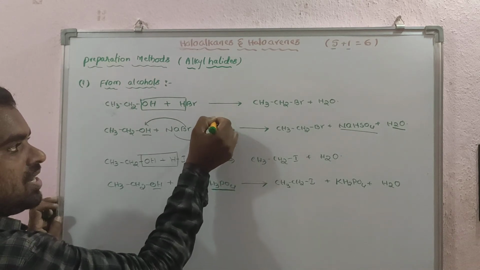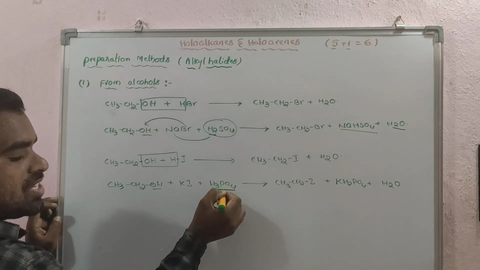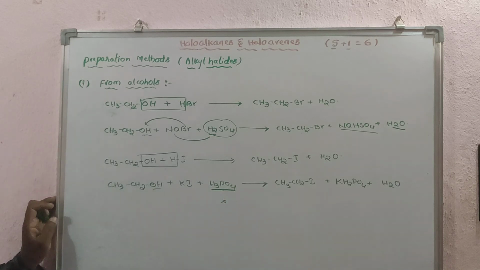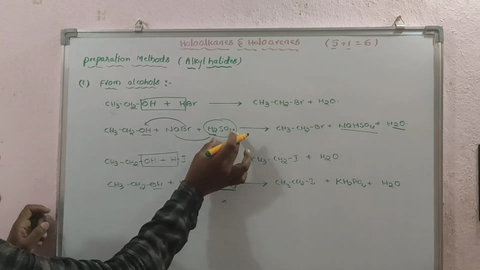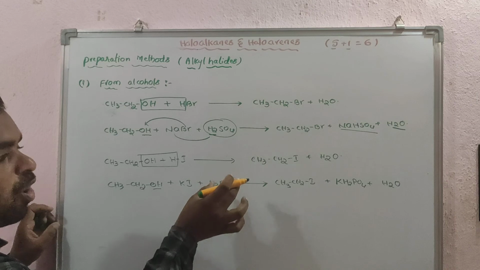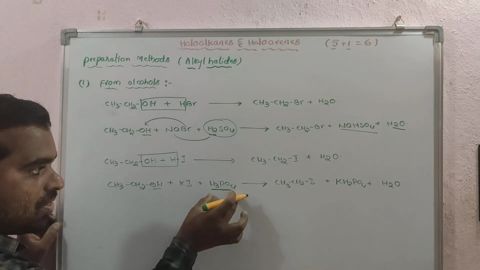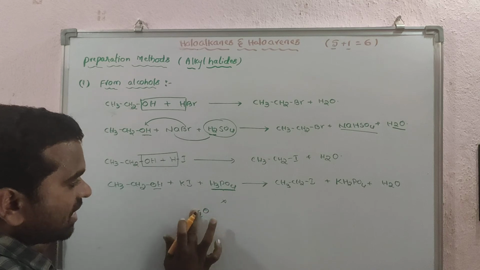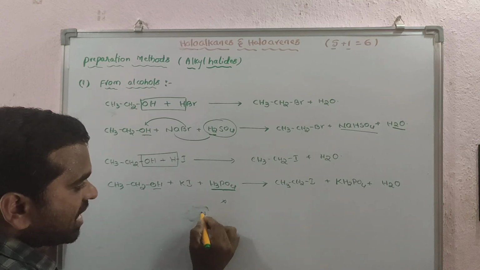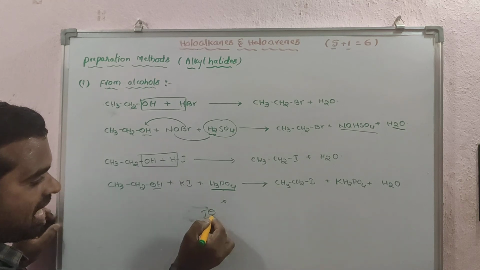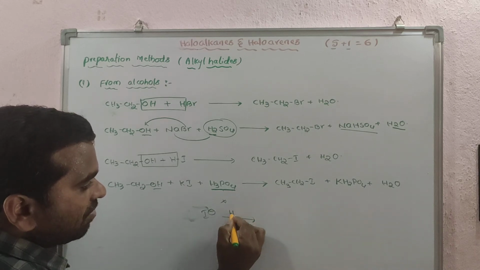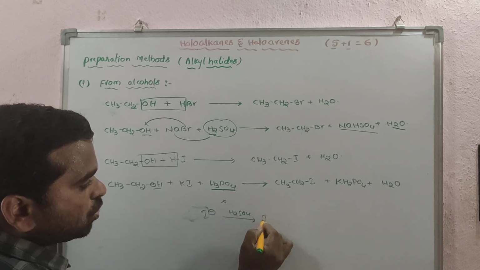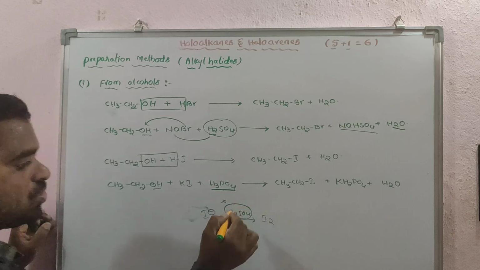In the previous reaction I used H2SO4. Can I use H2SO4 here? No, we cannot. Why? Because H2SO4 is an oxidizing agent, so it oxidizes iodide. KI means K plus and I minus. This iodide will be oxidized to iodine in the presence of H2SO4.